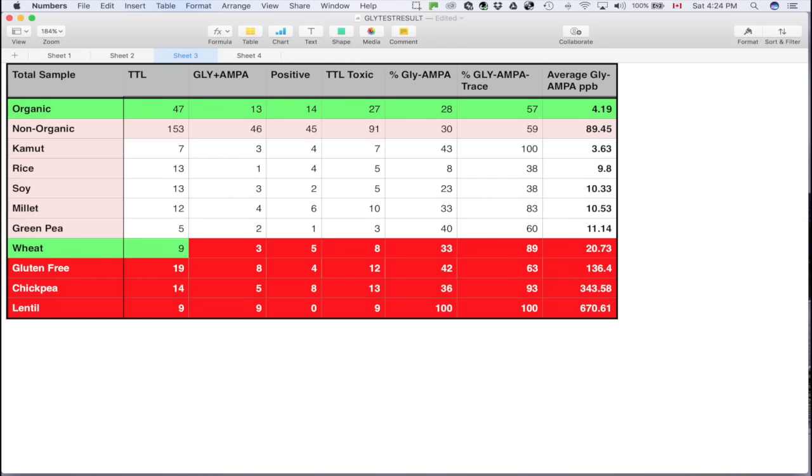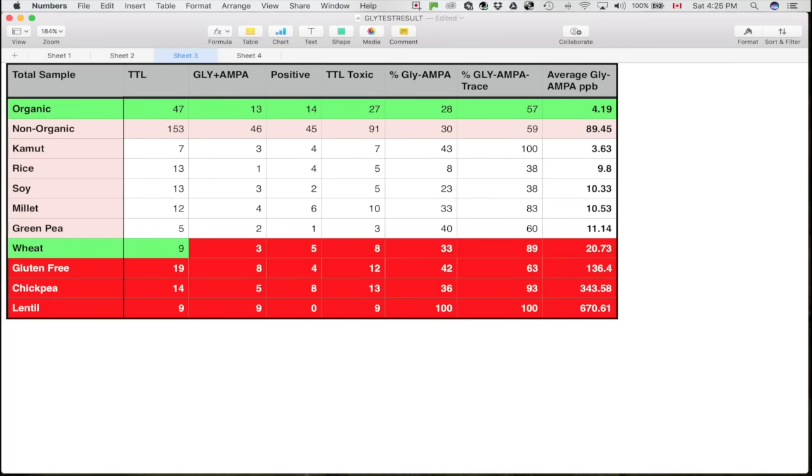The most puzzling, perhaps, or one of the most puzzling, has been wheat. And why do I call it puzzling, and why is it colored this way? It's because all the wheat samples tested in the first 200 samples of this report, all 9 of them, are organic wheat, described as organic wheat flour, organic buckwheat, something or other with the word wheat in it and organic in it.